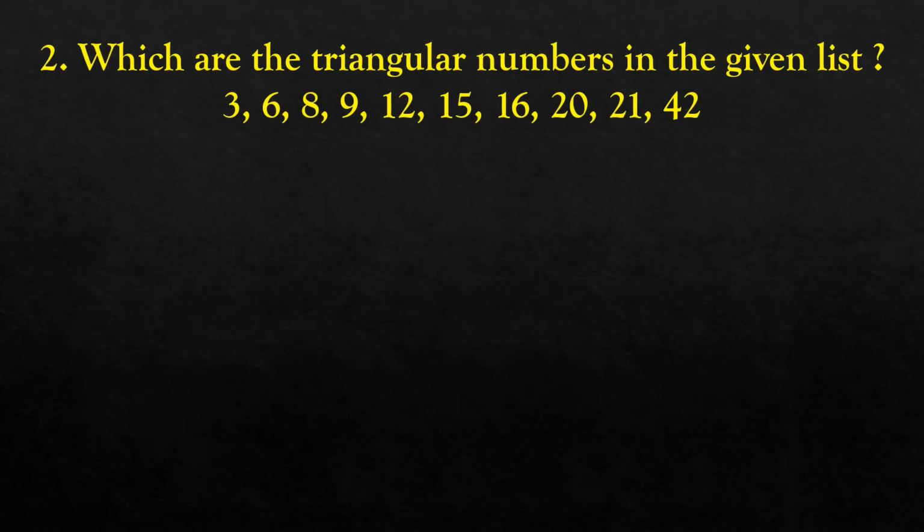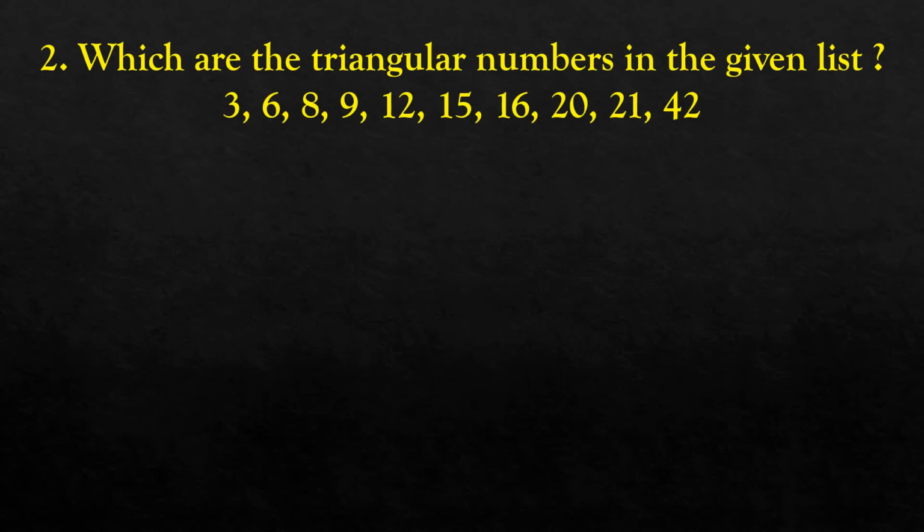Question number 2. Which are the triangular numbers in the given list? So from these numbers you have to find out which are the triangular numbers. So the list is here, you can see 3, 6, 8, 9, 12, 15, 16, 20, 21 and 42. So see students, you already know what are the triangular numbers.